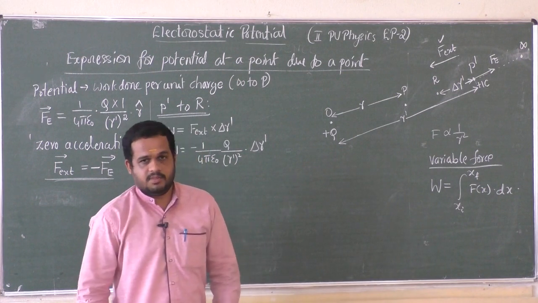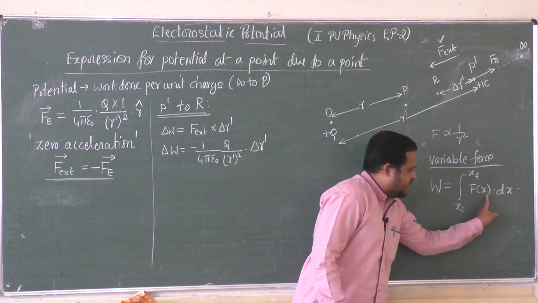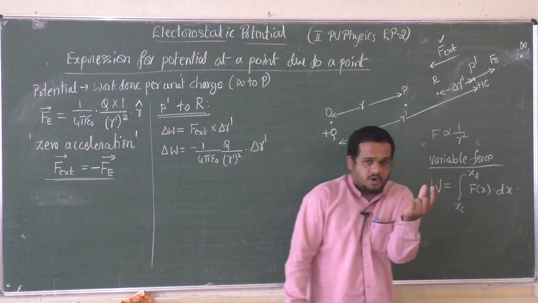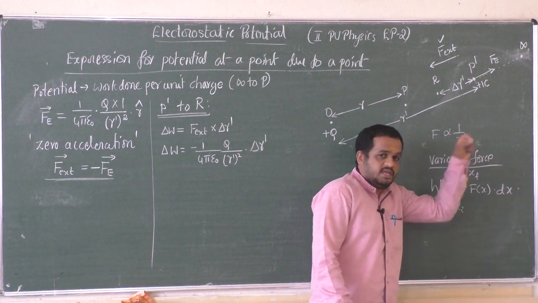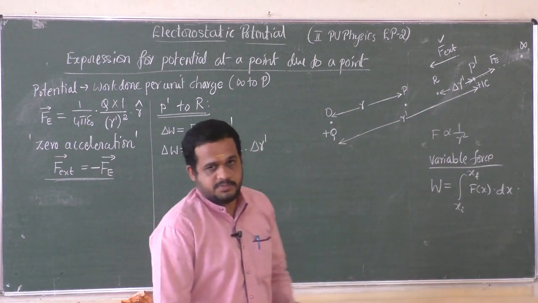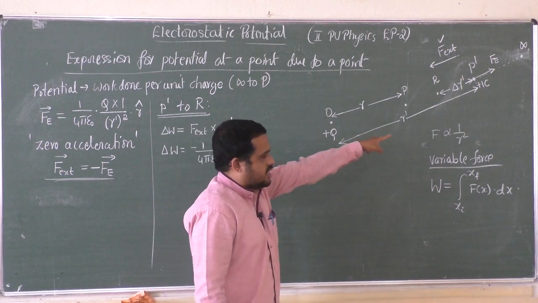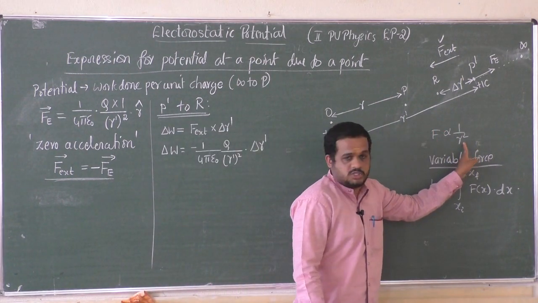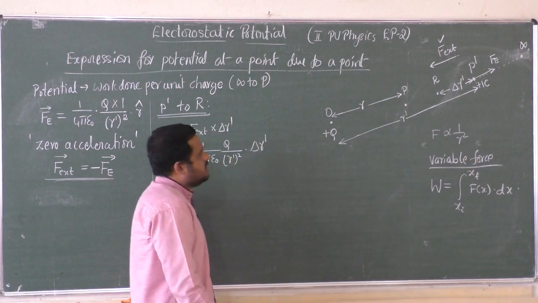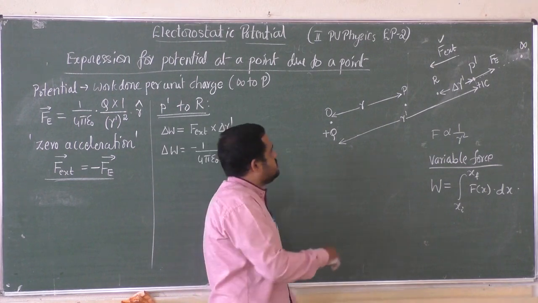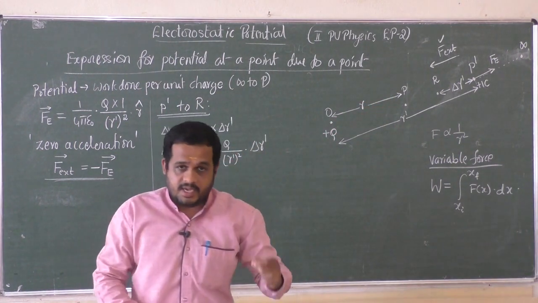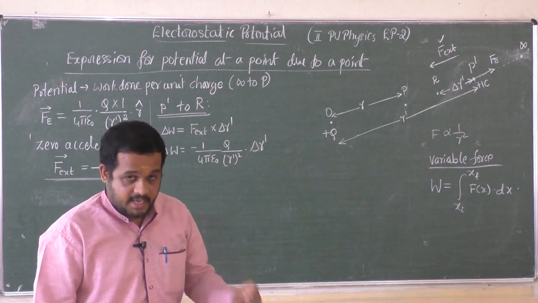Here f of x represents the variable force, dx represents small displacement, xi the initial position of the object, and xf the final position of the object. Electrostatic force is inversely proportional to the square of the distance. That means electrostatic force is a variable force. Against that electrostatic force, we are applying an external force. That means the external force applied by us is also a variable force.